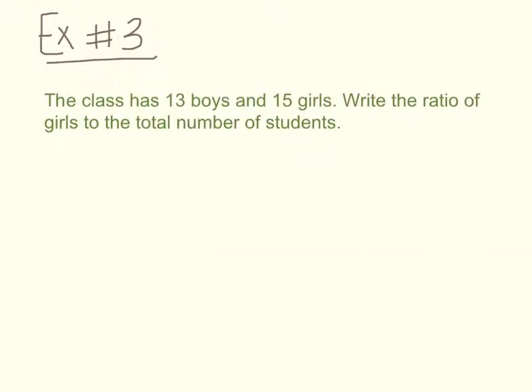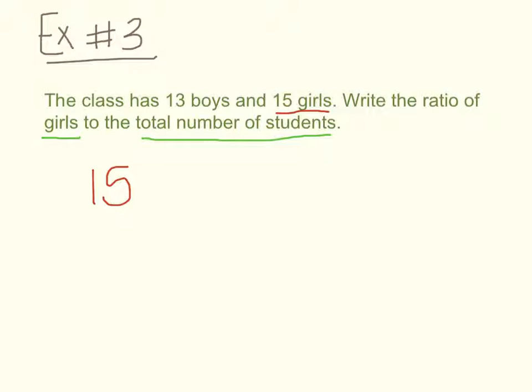Example number 3. The class has 13 boys and 15 girls. Write the ratio of girls to the total number of students. So first they want to know girls, so we can look up here and see there's 15 girls. And then they want to know how many girls to the total number.